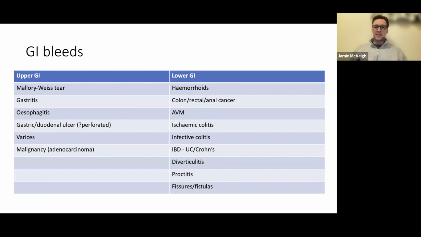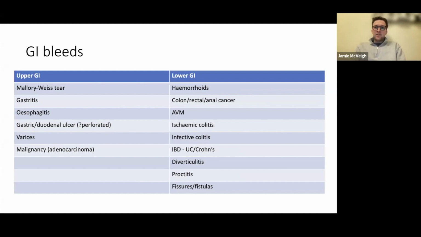Then there's inflammatory bowel disease, so that's either ulcerative colitis or Crohn's. Typically, ulcerative colitis can cause a pancolitis, resulting in GI bleeds. Diverticulitis is common in elderly patients who get inflammation and infection of their diverticula.